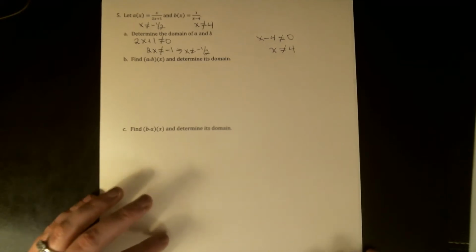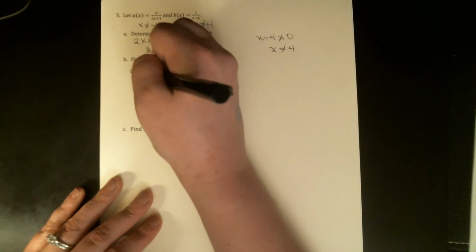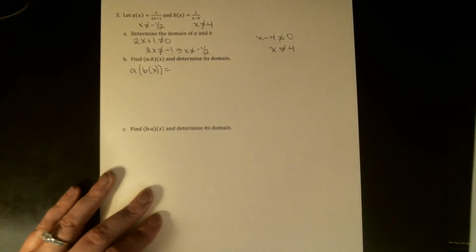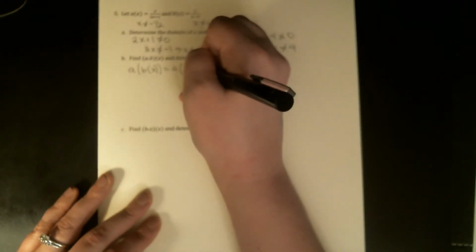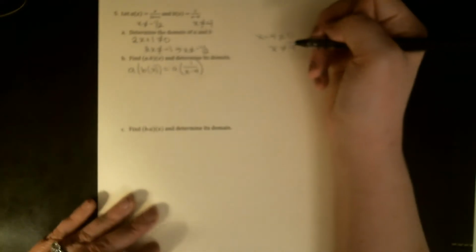The first composition I'm supposed to work on is A of B of x. So if I want A of B of x, that's going to be A of 1 over x minus 4. So first, take your x, plug it into the inner function B, get your output. Your output is 1 over x minus 4.